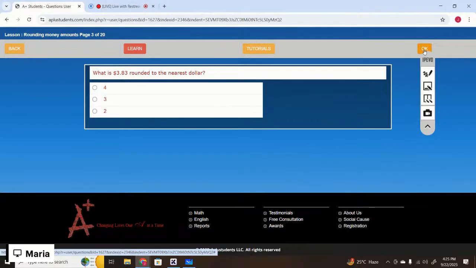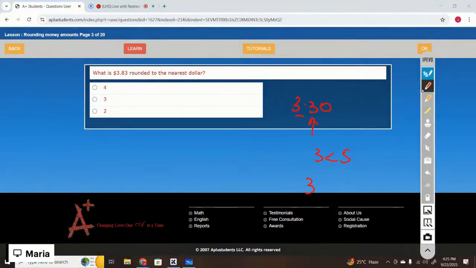What is 3.83 rounded to nearest dollar? So we have 3.83. Right next to the decimal point we have 8. 8 is greater than 5, so you need to round the whole number to the next digit, that is 4.00.